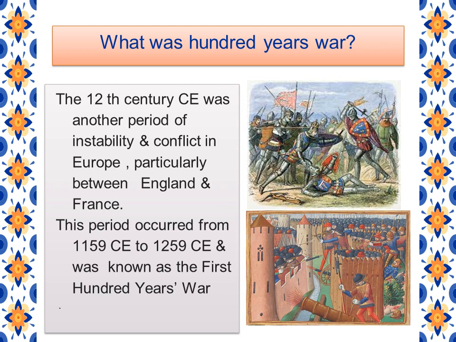They did not get along with each other. There were various reasons for it. So this period from 1159 CE to 1259 CE was known as the first 100 years of war. So it was a war between England and France.